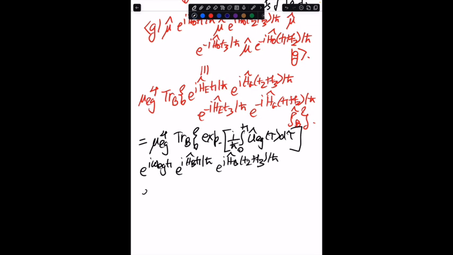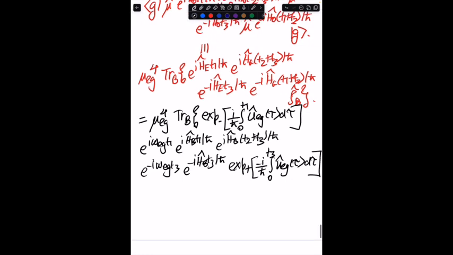Then the third one where you have e raised to the power minus i omega_eg t3, e raised to the power minus i h_b t3 upon h bar. Then you have a positive time ordered exponential integrated from 0 to t3, U hat_eg(tau) d tau. And then, of course, you have e raised to the power minus i h_b (t1 plus t2) upon h bar acting on the bath equilibrium density operator.